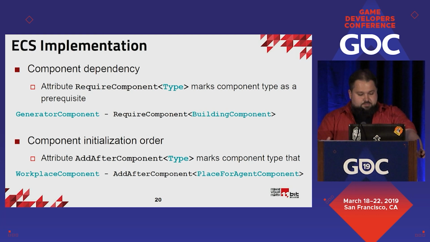For example, the workplace component manages the efficiency of the workers inside a building. And to be properly initialized, it needs information about the amount of people allowed in this building. So it needs to be added after the place for agent component, as you can see in the example.